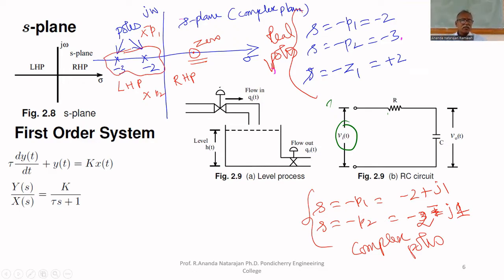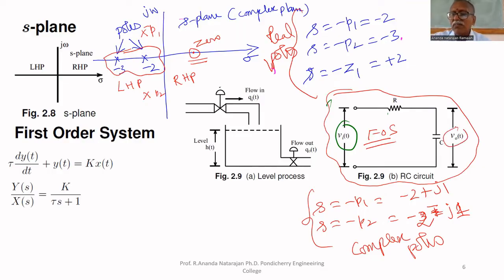Already I told you that the order of the system means the order of the differential equation. These two are first order systems. This electrical system is a first order system, because if you write the differential equation for it, it will be a first order differential equation. Let the output be V naught of t, the voltage across the capacitor, and the input be Vi of t.